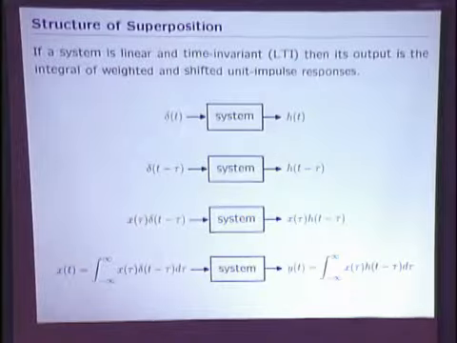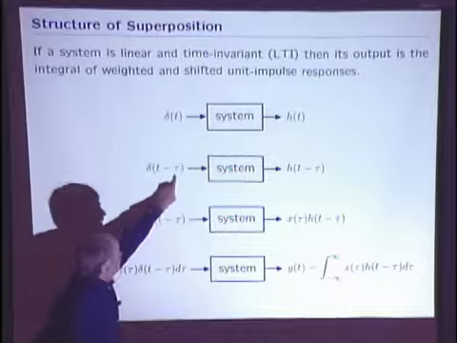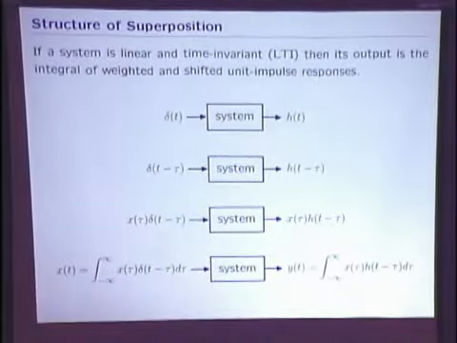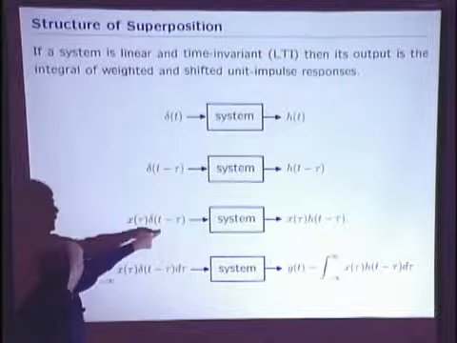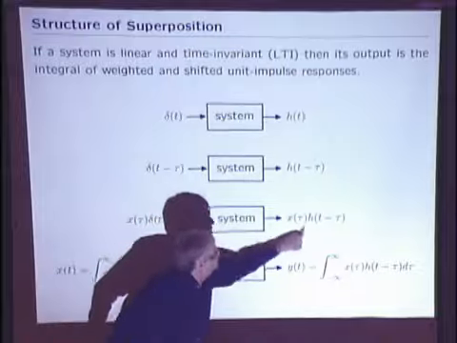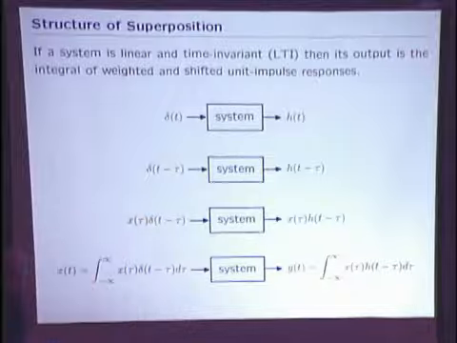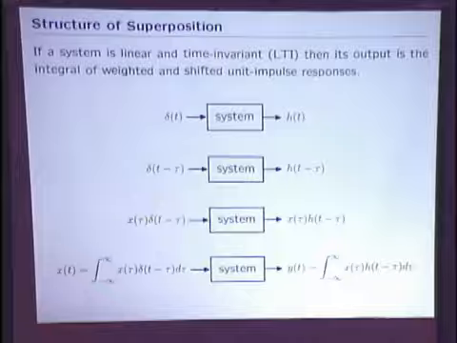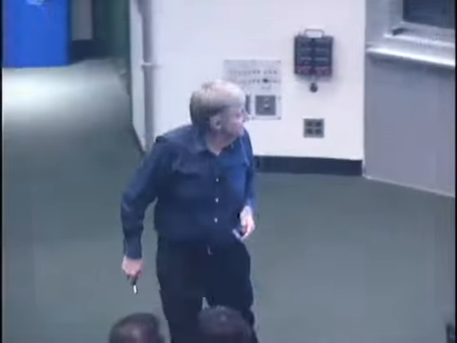So if the response of a system is h of t when the input is delta of t, if the system is shift invariant, shifting this by tau is the same as shifting that by tau. A weighted sum of such things is a weighted sum of such things. And a sum of such things is the sum of such things. So I get an expression which we'll think of as convolution for CT that looks just the same.